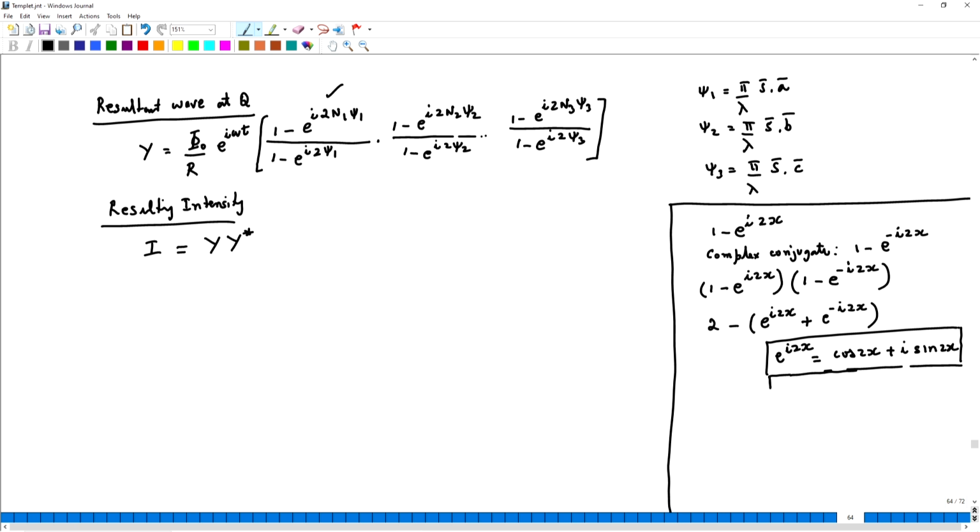And similarly, if I write e to power minus i 2x, this would be cos 2x minus i sin 2x.